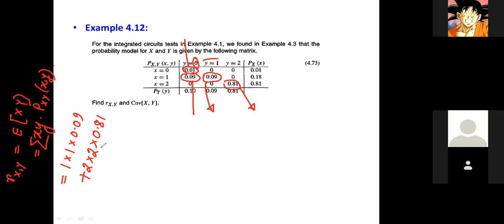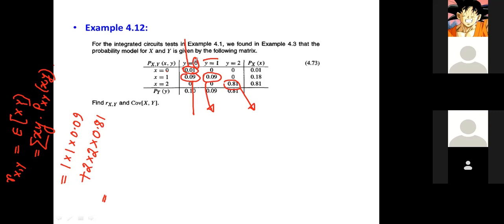Are you finding it okay? We have not put those two points because one of the x, y values is 0. If any one value is 0, then the whole product will be equal to 0.